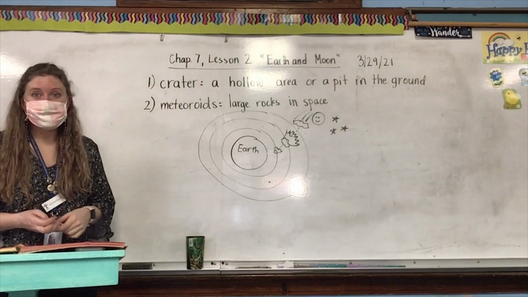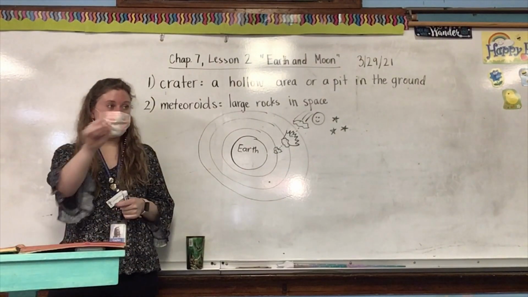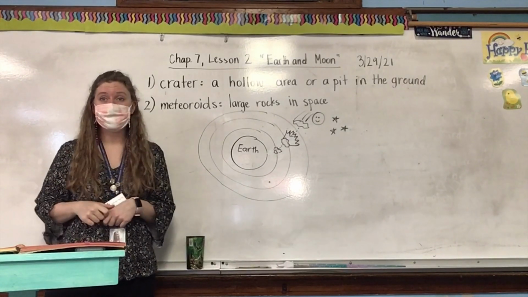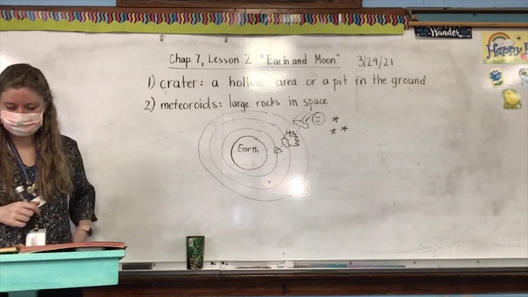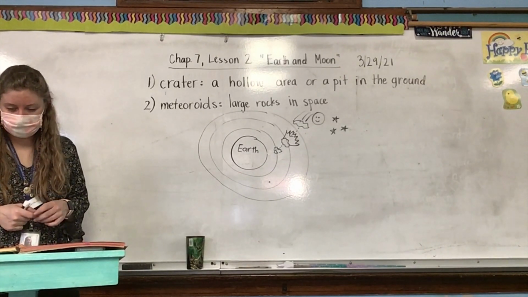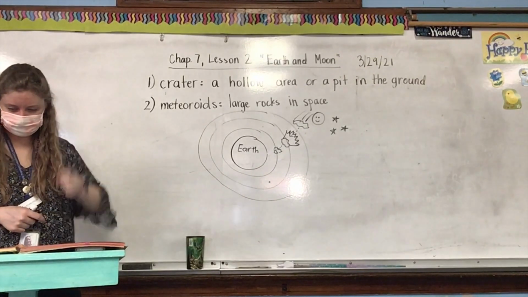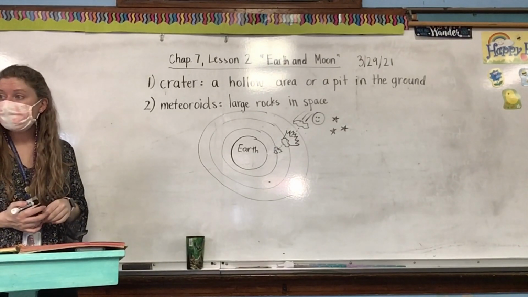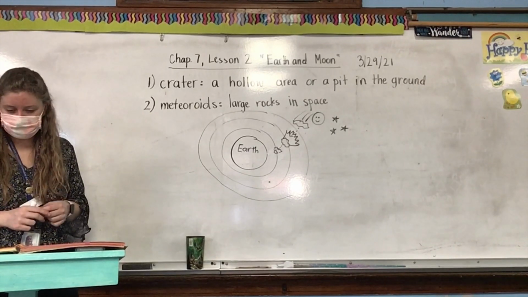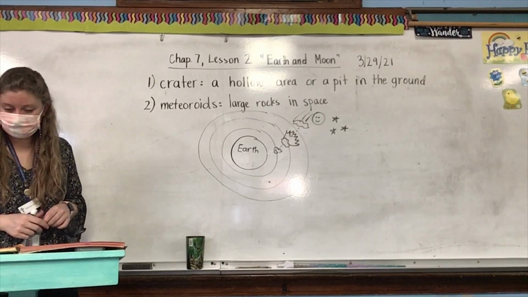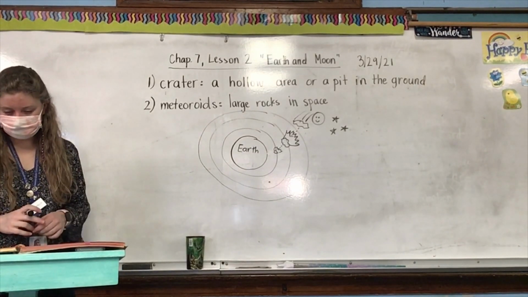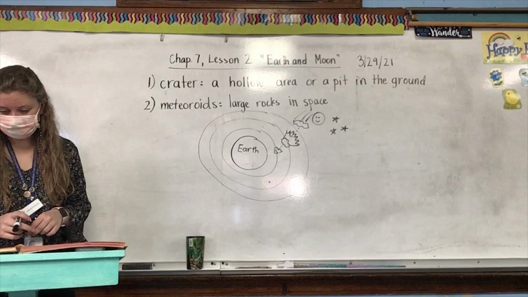Okay? So, as the Earth is moving around the sun, the moon is moving around the Earth. It completes one orbit around Earth in just over 29 days.